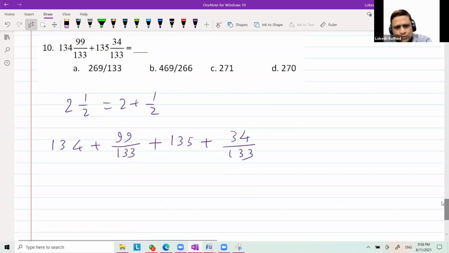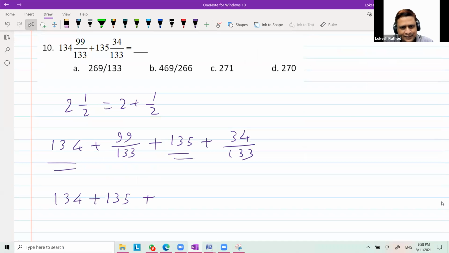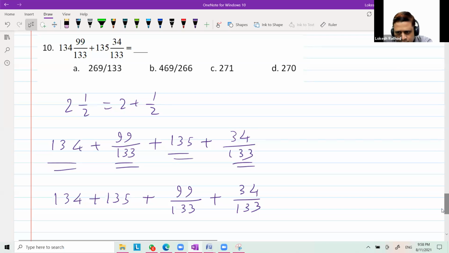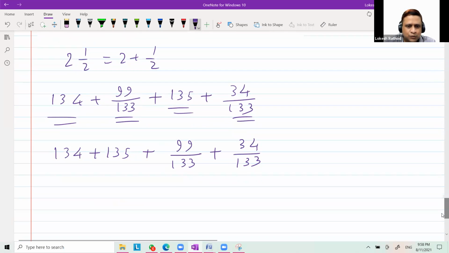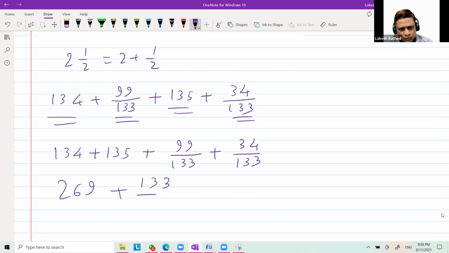So now what do I do? I add these numbers first, that is 134 plus 135, and then I will add the other numbers, that is 99 over 133 plus 34 over 133. So the addition would be 269 plus 133 over 133, which is 269 plus 1, which is 270.